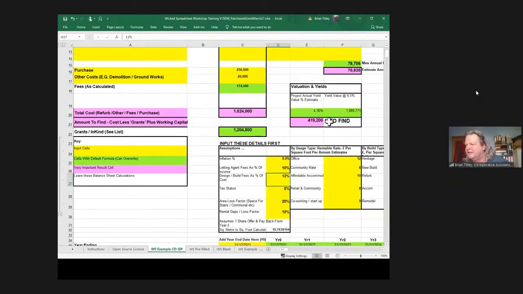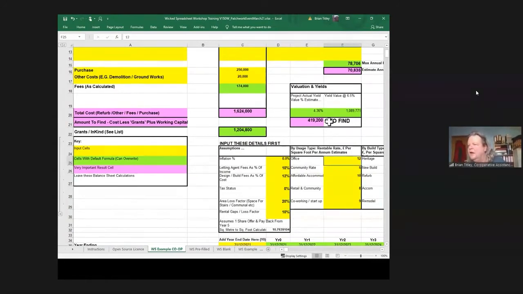We had so many fantastic ideas of what we needed to include. I'm not 100% sure. I think this increases the, so whatever the build cost is, it goes up by 12% to allow for design costs. Tax status, we put 19% unless we're a charity, and these are just sort of reasonable estimations for the loss factor. So we put those in.